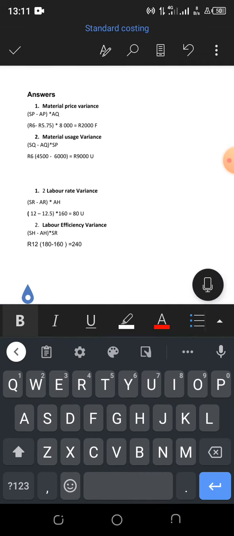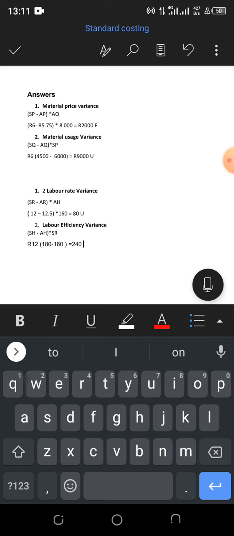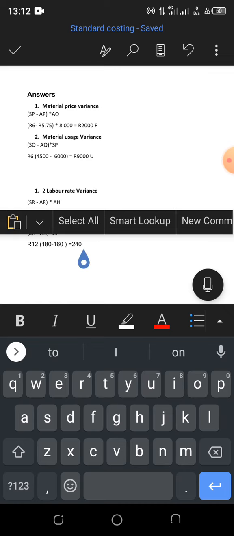Yes. So now is the time to interpret this one. Let's check the standard hours. We planned that the laborers will work 180 hours and the actual work was 160. We planned that they work 180 and they worked 160, which means that this is favorable. Why?